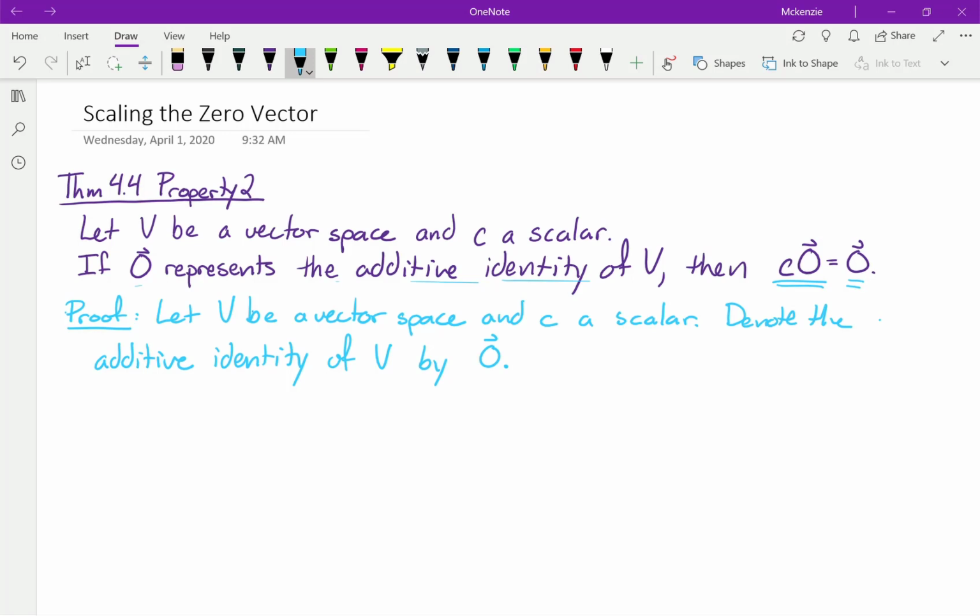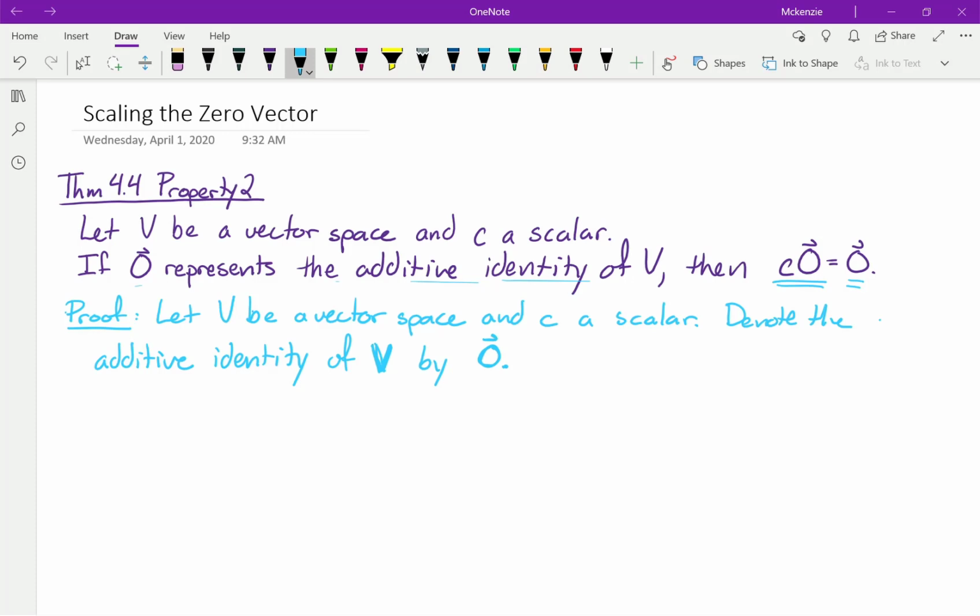Now keep in mind, again, V might not be R^n. It could be polynomials, it could be continuous functions, it could be that weird vector space from the slides last time. Whatever it is, we're still going to denote the additive identity by 0 bar.